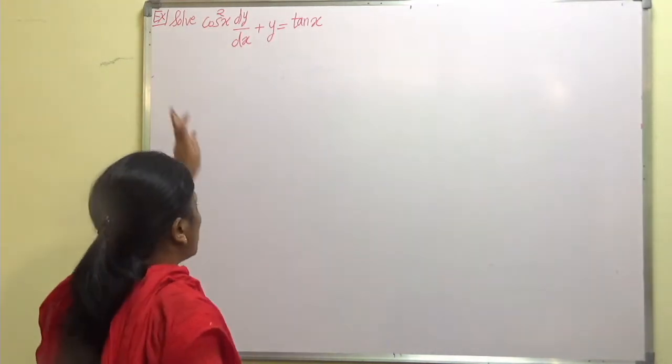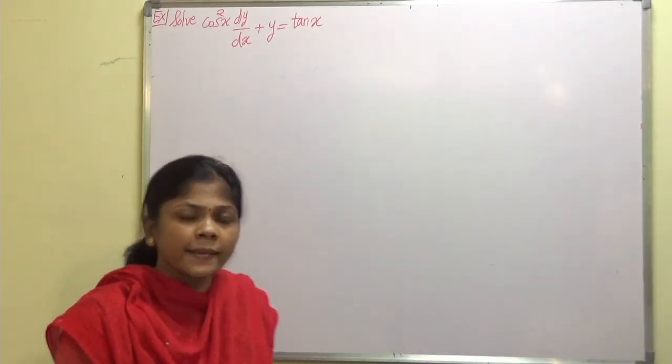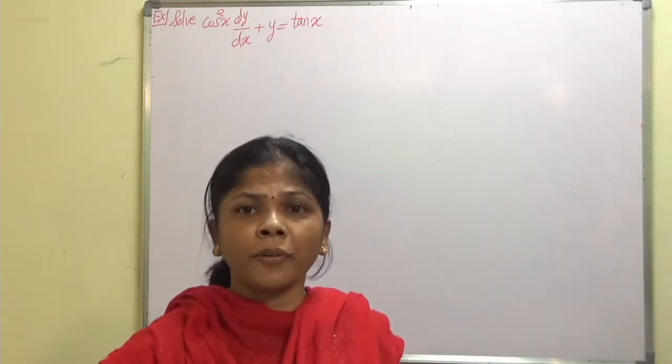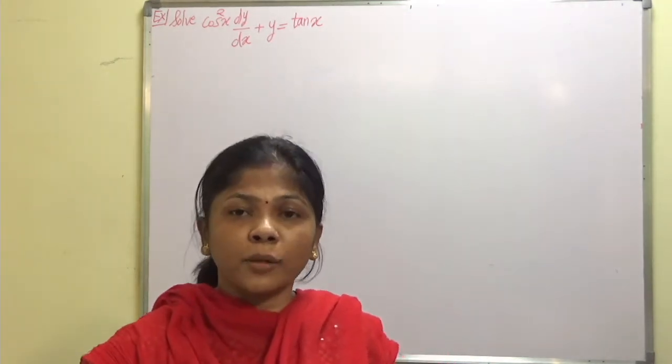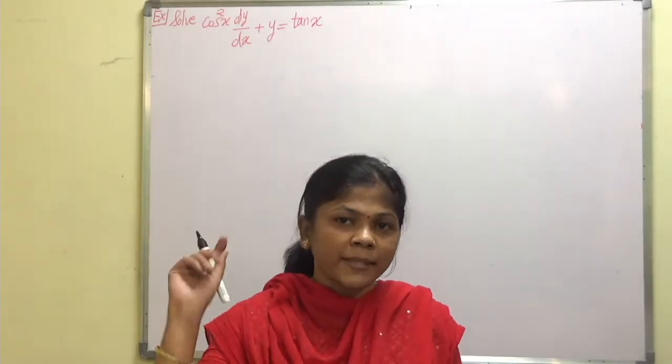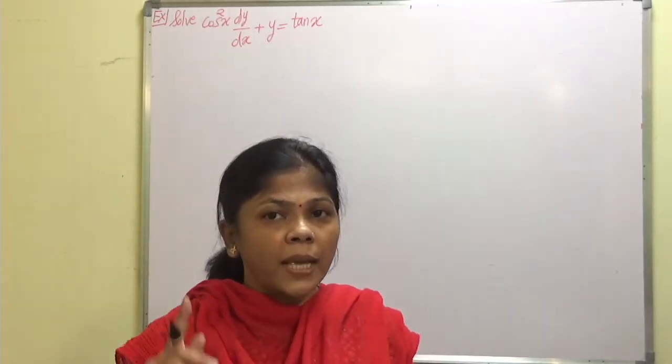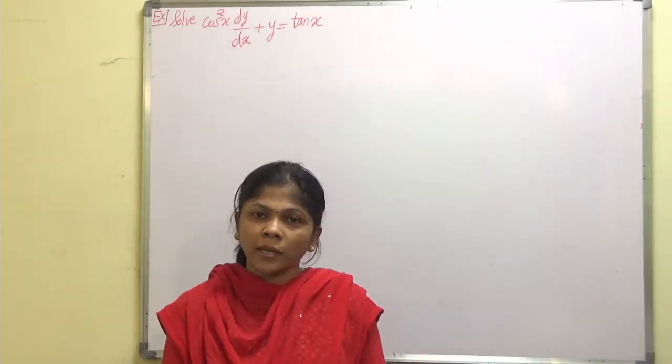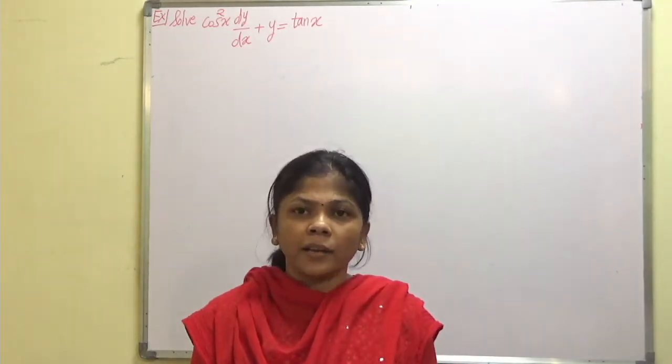What the working rule says is that first you need to identify whether the given differential equation is linear with y as the dependent variable or x as the dependent variable, because the variables here are x and y only. So either it could be linear in y or linear in x.